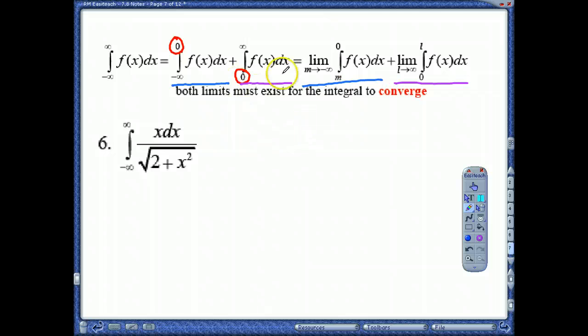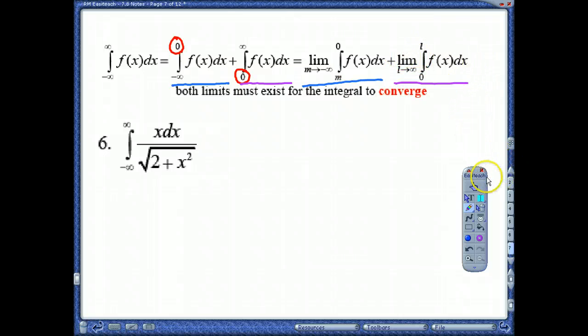For instance, if this is positive infinity and this is positive infinity, you're going to diverge. If this is positive infinity but this goes to a number, sorry, you're still divergent. So it's not enough that you go to positive, positive. You can't have infinity of any kind.